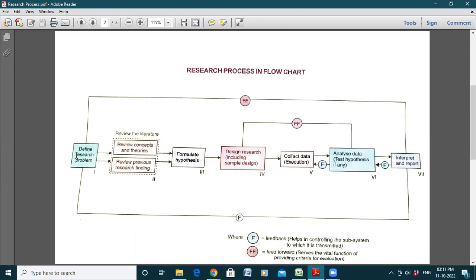Okay, after you have that, that is defining or definition of what your particular problem, then what would happen? You need to do something like review the literature. Actually, this is a kind of conflict, that after literature review, you need to come to the research problem, or before the literature review itself, you need to have some idea about the research problem.